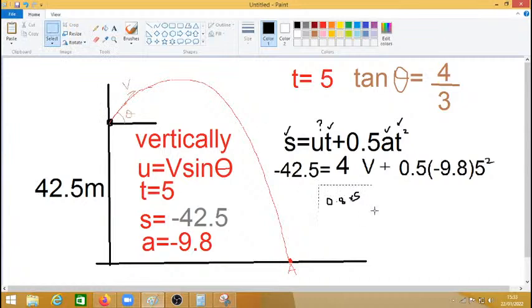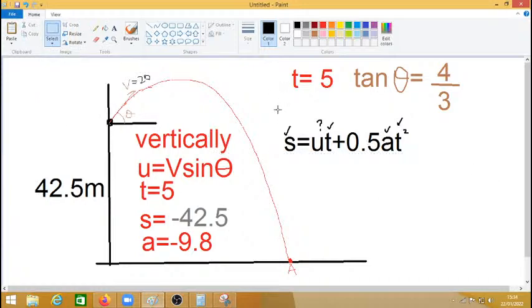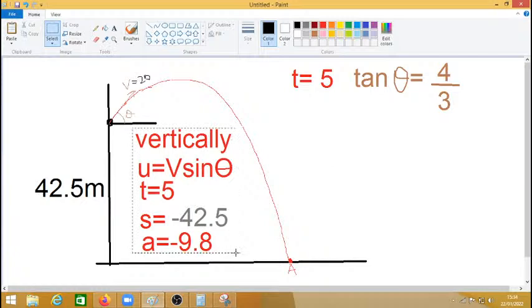Rearrange and then solve for v. And you'll get v is equal to 20. Okay, so just be careful in your substitution, especially when the theta is mixed up in the tan theta like that. Take a bit more care and that would have been perfect.